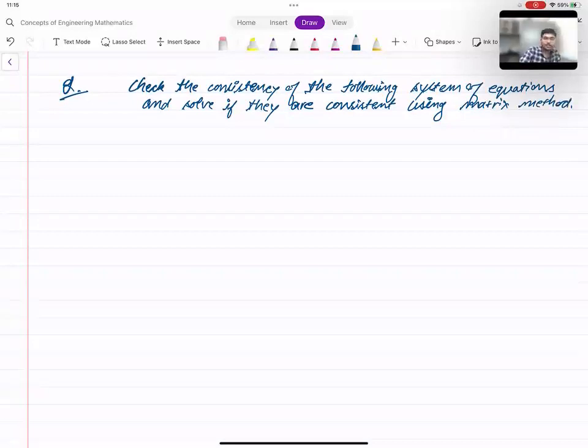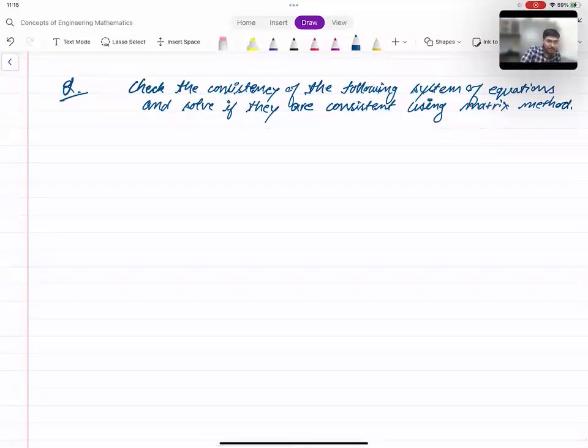The equations which are given are x plus y plus z is equal to 3. This is the first equation. Then the next one is x plus 2y plus 3z is 4.